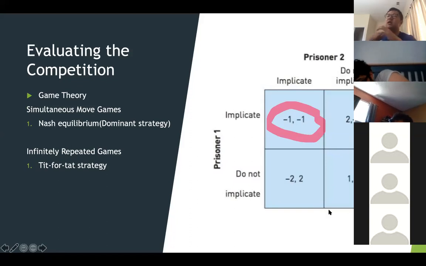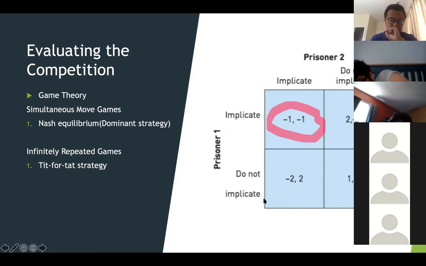But because they don't trust each other, they have to choose this one. If we are prisoner one, we know we can have 1, 1, which is the best option for us.